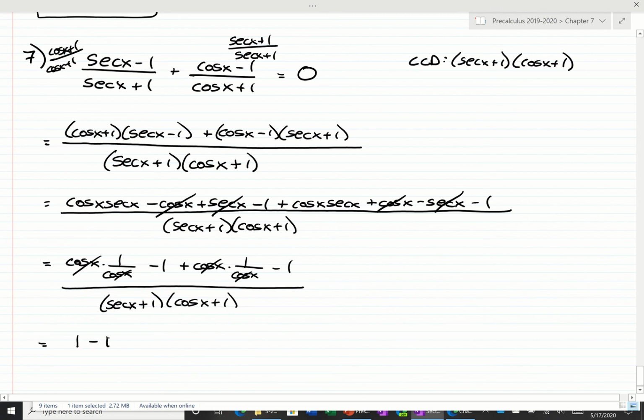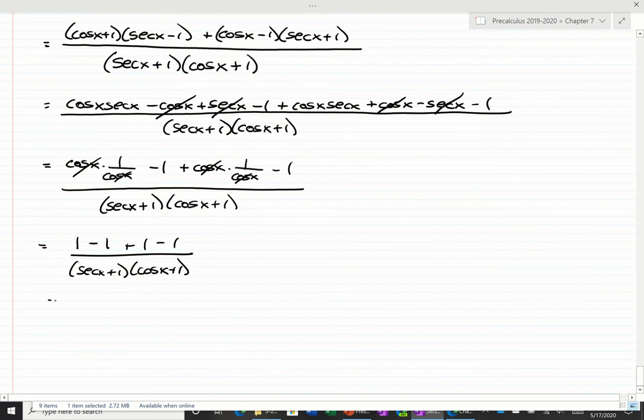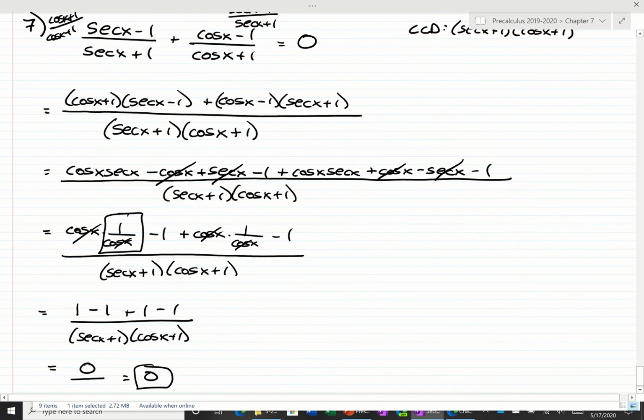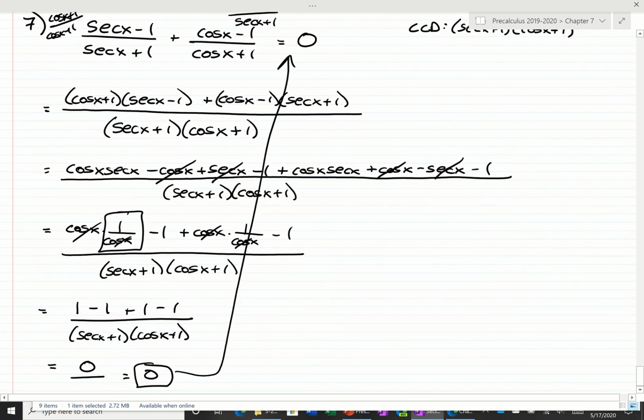This just turns into 1. And it looks like the top is just going to be 0. 0 over anything is 0, which is what we wanted. So just be careful. There's very little pre-calculus here. I converted secant to 1 over cosine, but everything else is just algebra. And 0 is what we wanted because that's what the other side was.